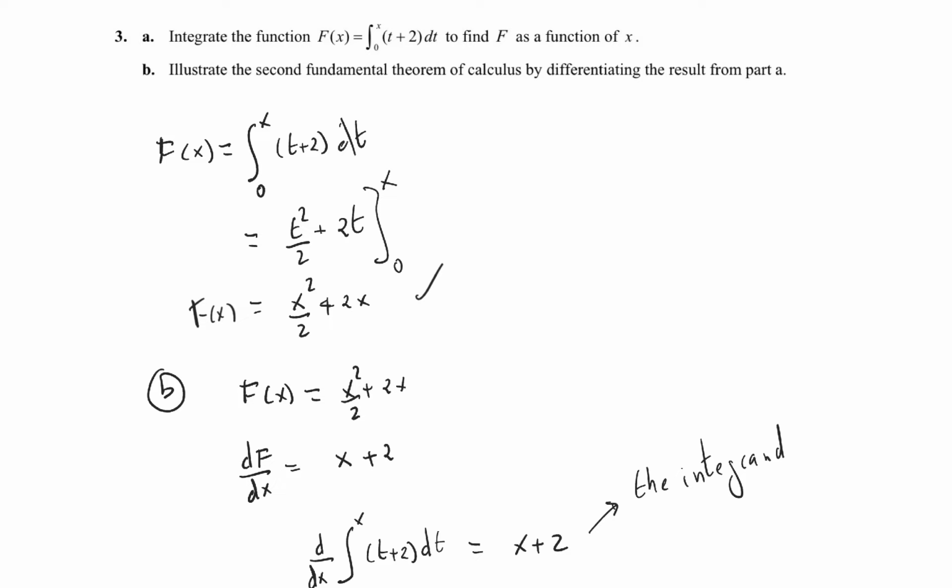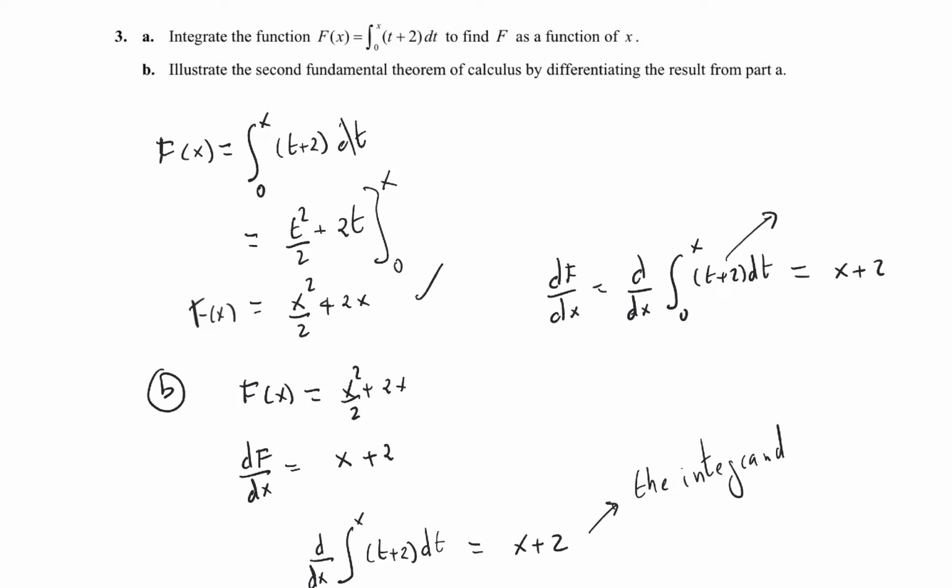The second part says to illustrate the second fundamental theorem of calculus by differentiating the function. It says that the derivative of F with respect to x, which is the derivative with respect to x of the integral from 0 to x of t plus 2 dt, is equal to x plus 2, the function.